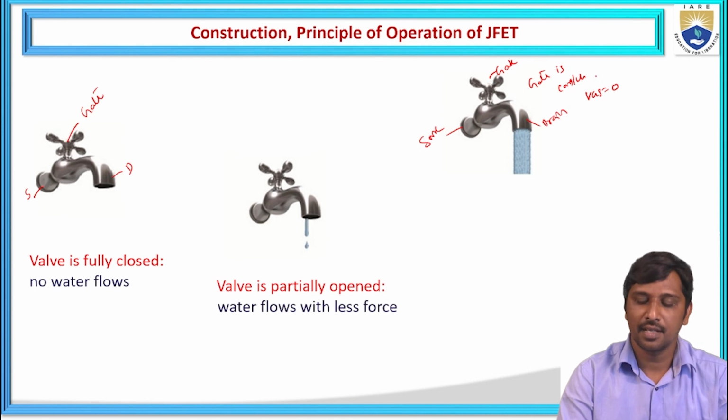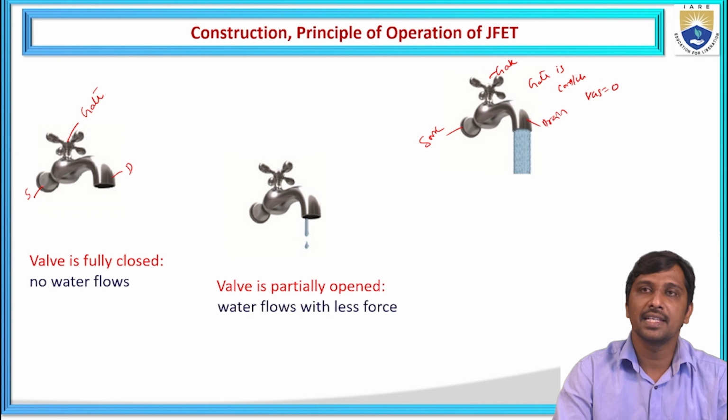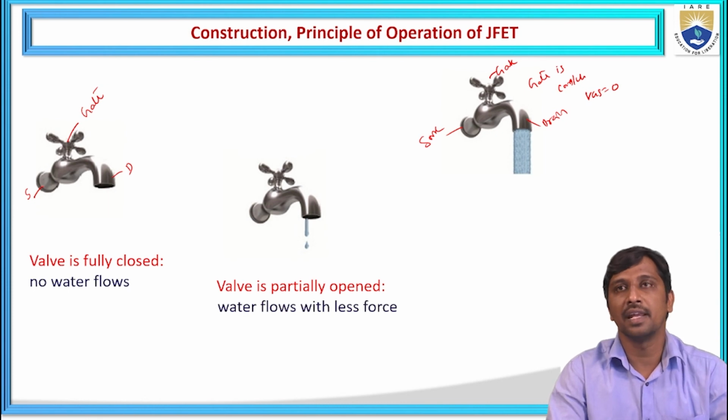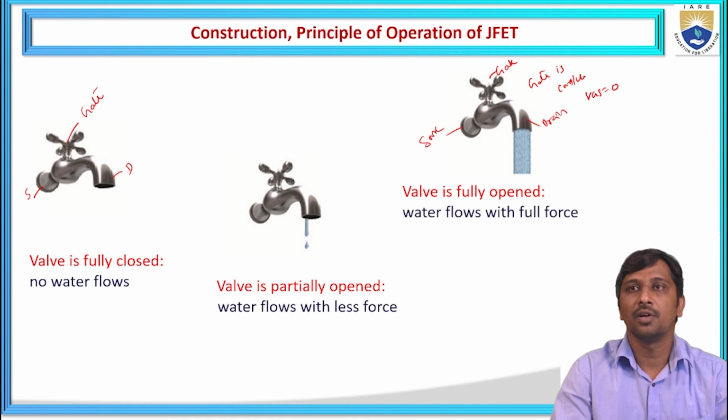So when the gate is completely open, that is nothing but VGS equal to 0. If VGS is 0, it has a very small depletion width, so the maximum area is available in this channel. Due to that, the maximum current flows from drain to source. Hence, here the water flows with full force.